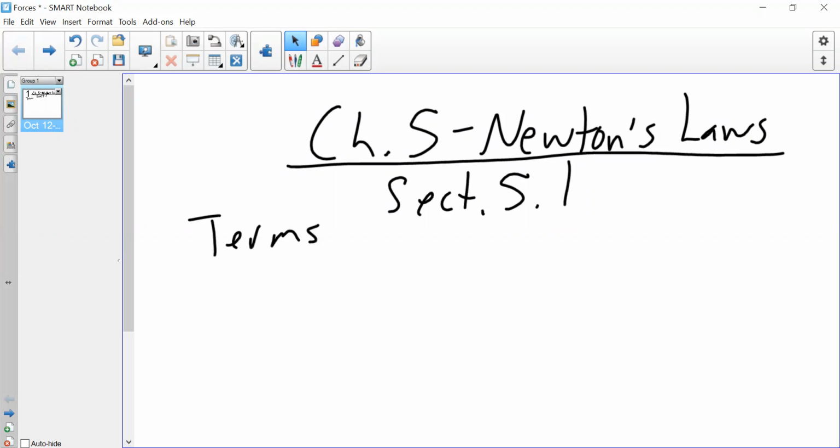Over some terminology again. So we were talking about last time that forces are just an interaction between two or more objects. So let's write that down again and add to that definition.